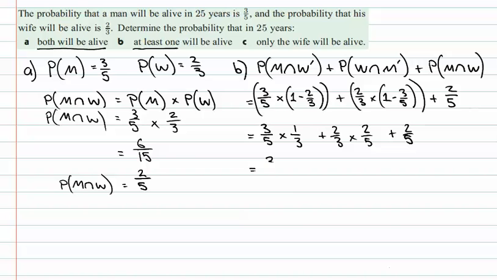That equals 3 on 15 plus 4 on 15 plus 2 on 5, which we can also write back over here as 6 on 15. So that gives us 13 over 15. That's the probability that at least one will be alive.